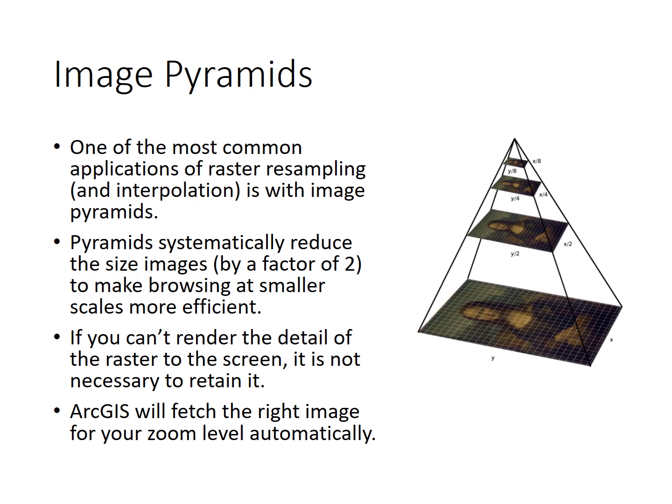What it's trying to do is say, well, you're not looking at the image at the highest possible resolution all the time, right? You may be very zoomed out. And if that's the case, it's more efficient for the computer to create these smaller versions of that. So we ran into this a little bit when we talked about map tile servers. If you know the zoom level that you want to look at, it's cheaper, it's better on the computer, it's going to be faster to pre-compute these image pyramids rather than re-rendering the original data.